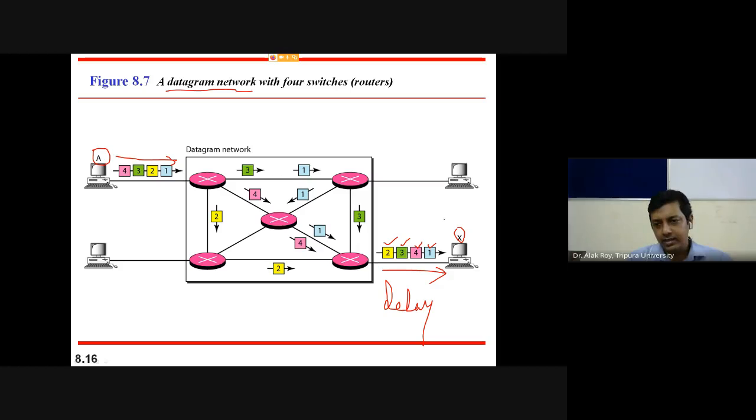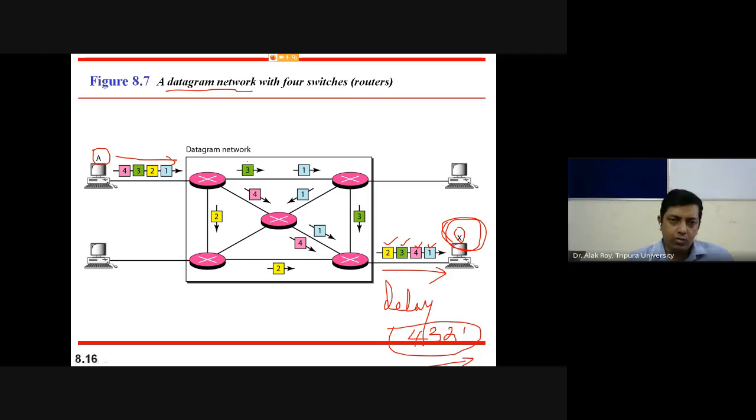So X has the capacity to organize the packets in proper order. After receiving, it will convert them into 1, 2, 3, and 4, join the packets into the complete data, and deliver it to X.